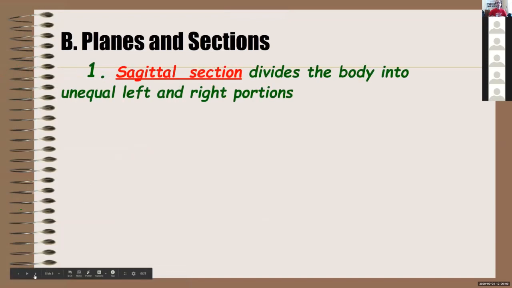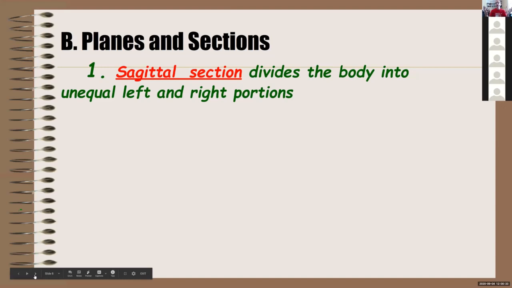The first type of section, or the first type of cut, is known as a sagittal section. And if we were in class, when we come across these vocab words, I would usually have you all repeat them after me. I'm not going to expect you to do that at home. I know you may have other things going on in your house.